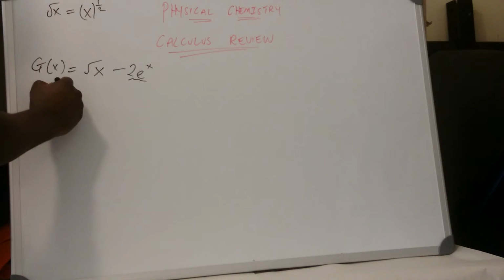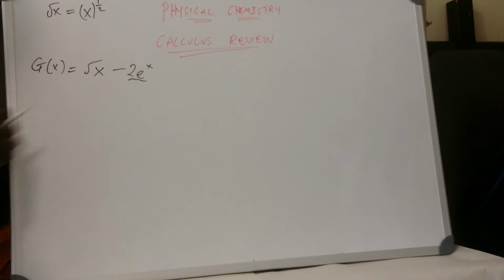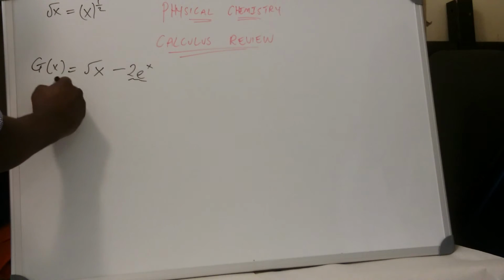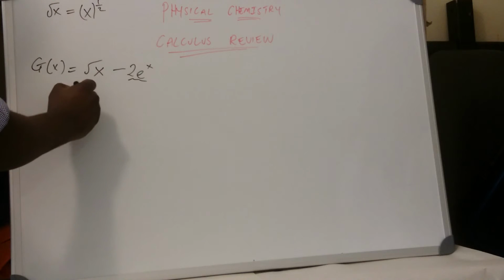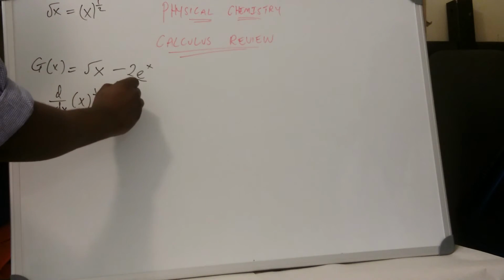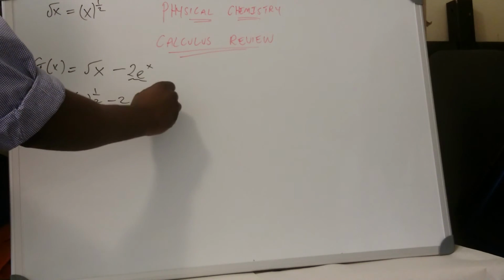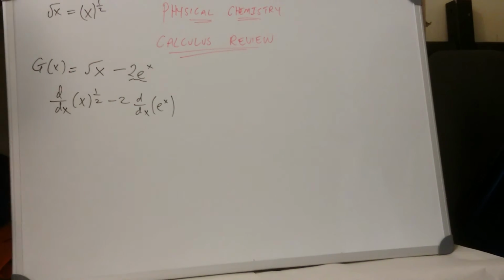So we now have d/dx of x to the 1/2 minus 2 d/dx of e to the x.